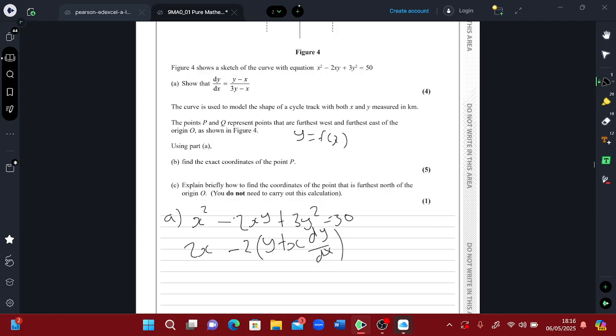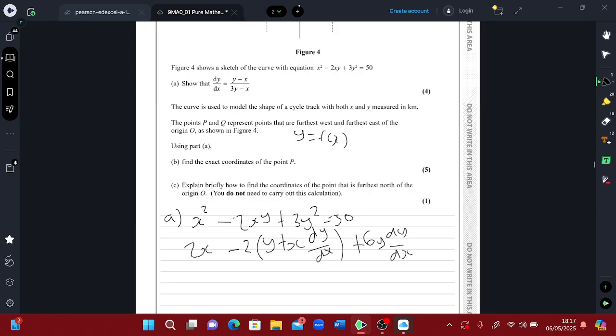I'll come up with an explanation for that, but let's just continue the question. Plus 3y squared, that's just one function. Differentiate like normal, 3y squared would be 6y, but just tag a dy by dx on the end of it. So basically, it's exactly the same as normal differentiation of a variable, but you just tag a dy dx every time you differentiate y. That's all it is with implicit differentiation.